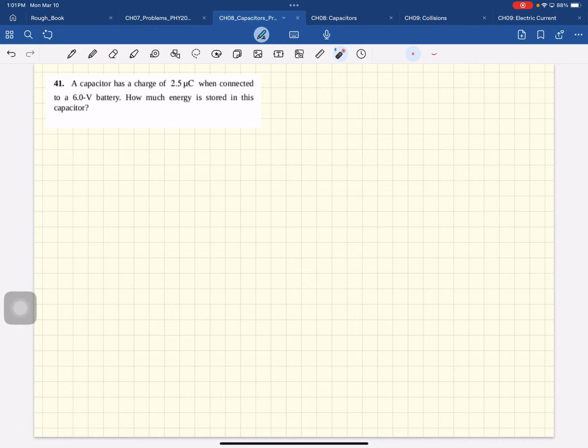All right, this problem says a capacitor has a charge of 2.5 microcoulombs when connected to a 6-volt battery. How much energy is stored in this capacitor? The energy stored in a capacitor is that. So 1/2, 2.5.